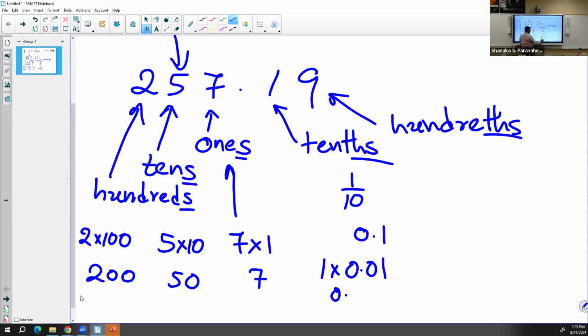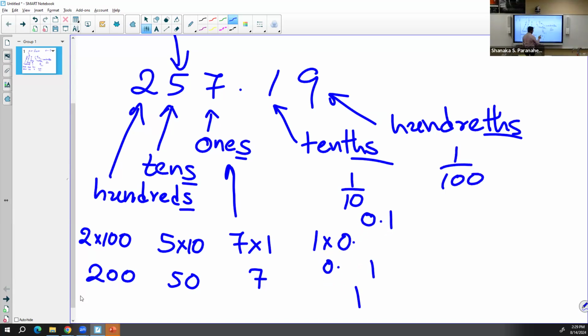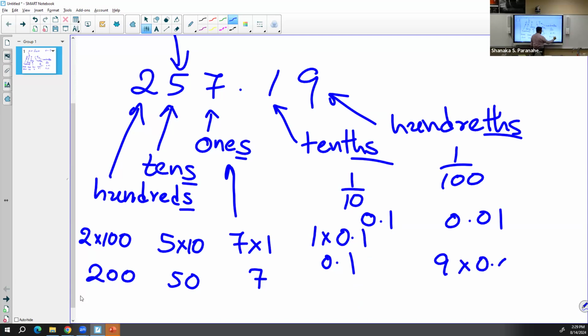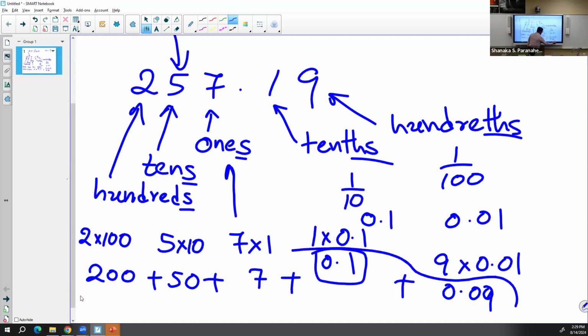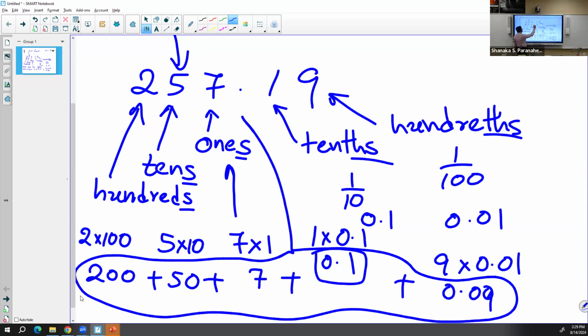Then 9, it's going to be 1 divided by 100. 1 divided by 100 is 0.01. So anything in this place is multiplied by 0.01, so it's going to be 0.09. Then we can add these digits. This adds up to 257.19. Okay.